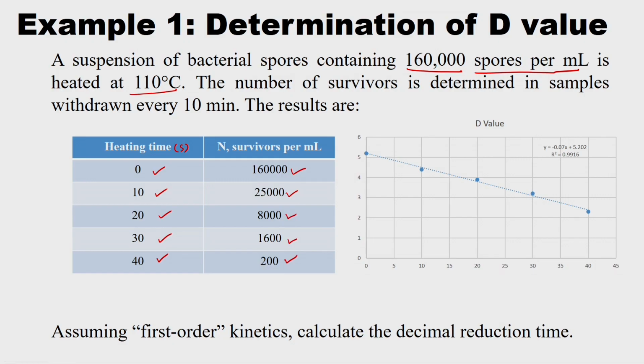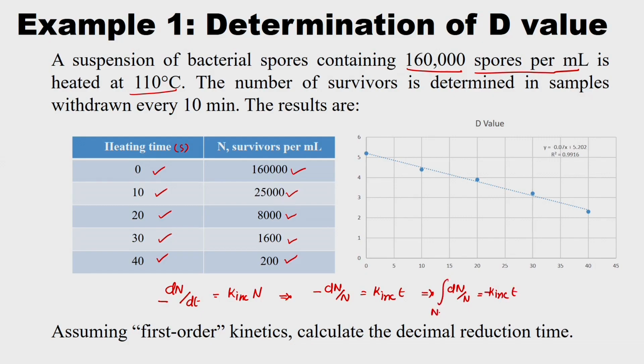So how to determine the D value for this process? If you remember from our previous class, dN upon dt is a kinetic expression, which is nothing but k into N. The deactivation of microorganisms follows first order kinetics. From this we learned that minus dN upon N is k into dt.